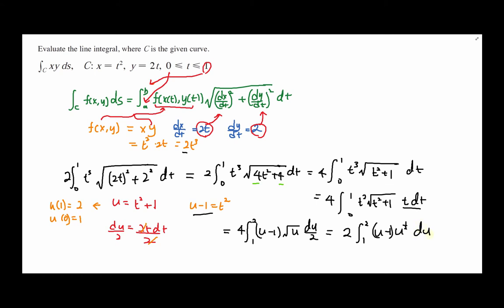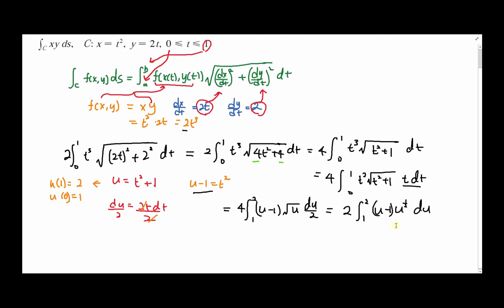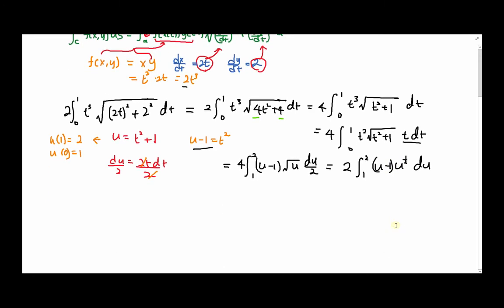At this point, you can substitute u's. U to the 3 over 2 and u to the 1/2. Okay, we just use a simple antiderivative rule by adding 1 to our exponent, and don't forget to divide by those exponents.